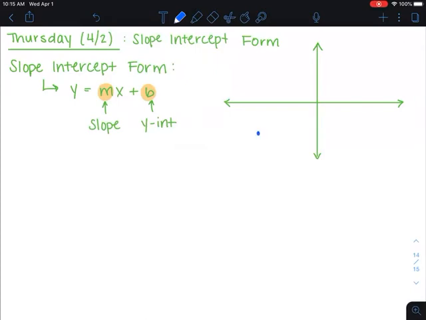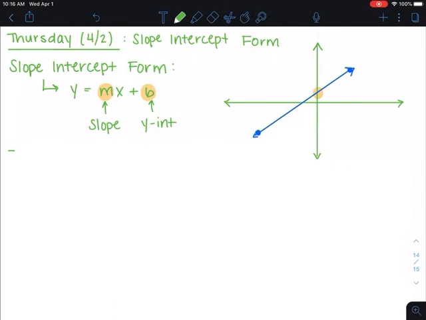So for example, let's say I have a line and it looks like this. And we want to know where it crosses the y-axis, which is right there. We're going to learn how to find our y-intercepts, find the slope, and fill in this equation.